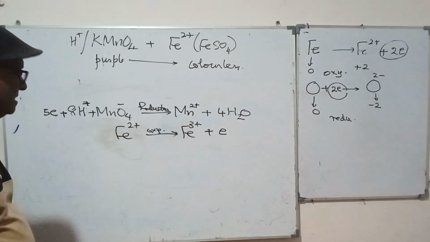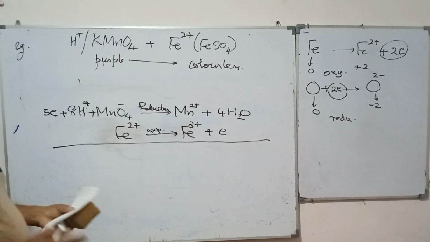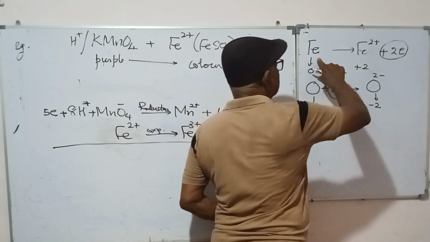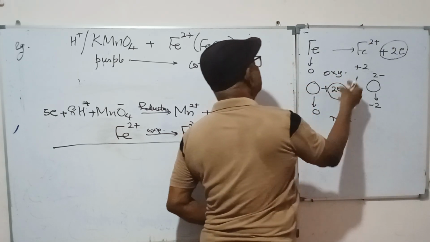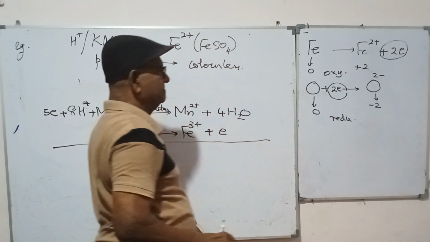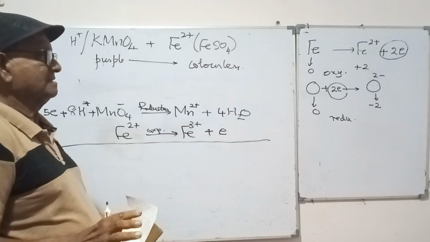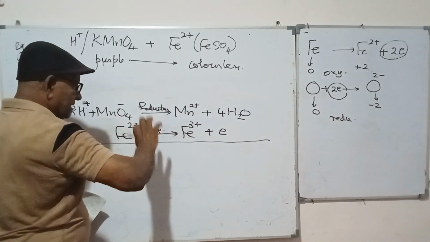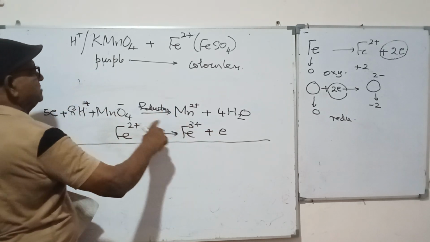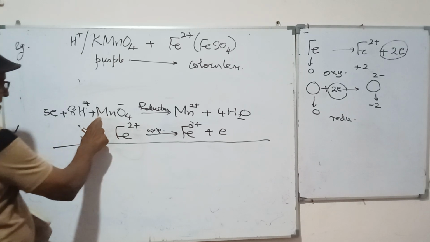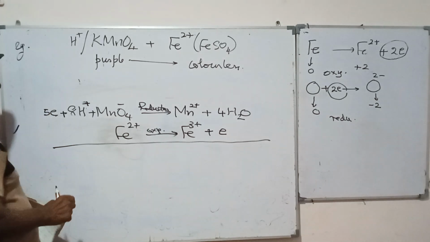Then we can add them now. During the reduction of MnO4 minus, 5 electrons are required.